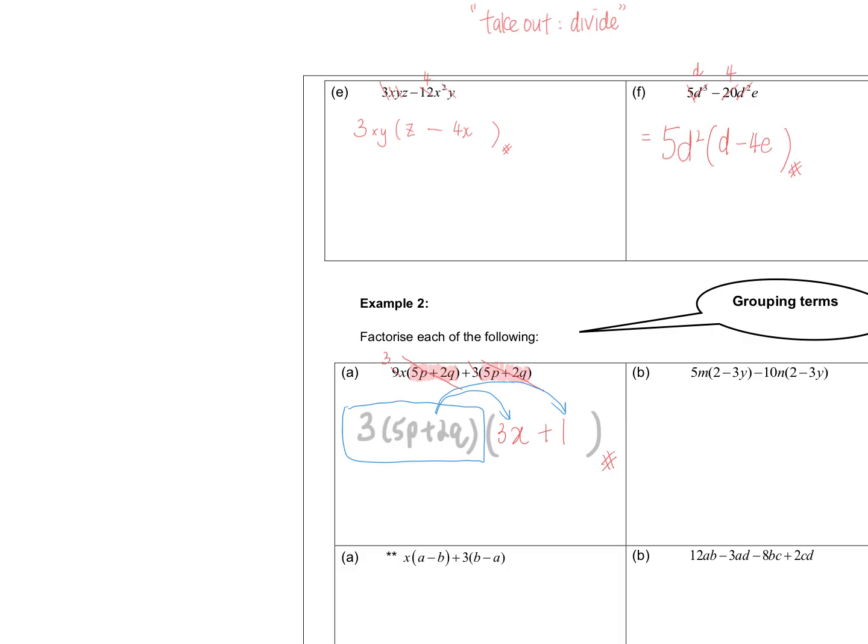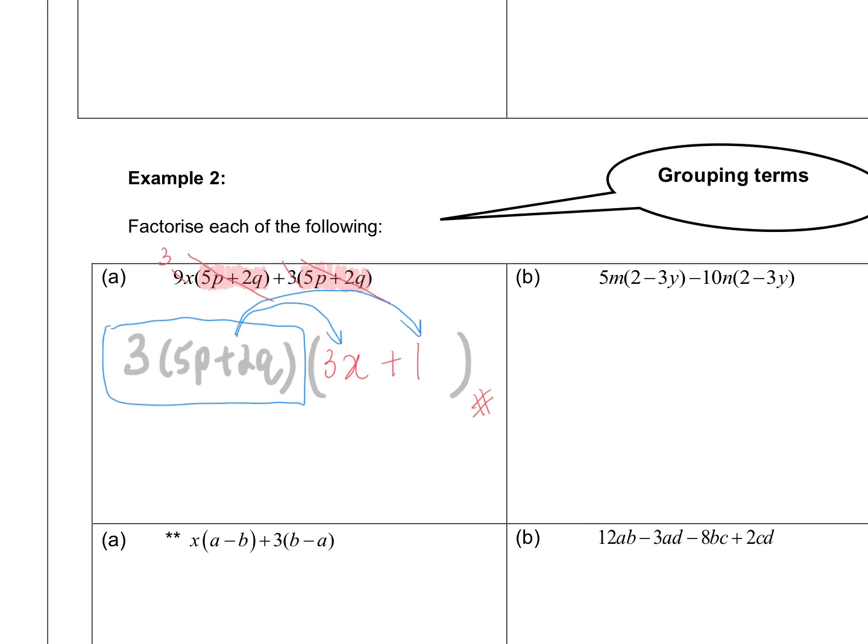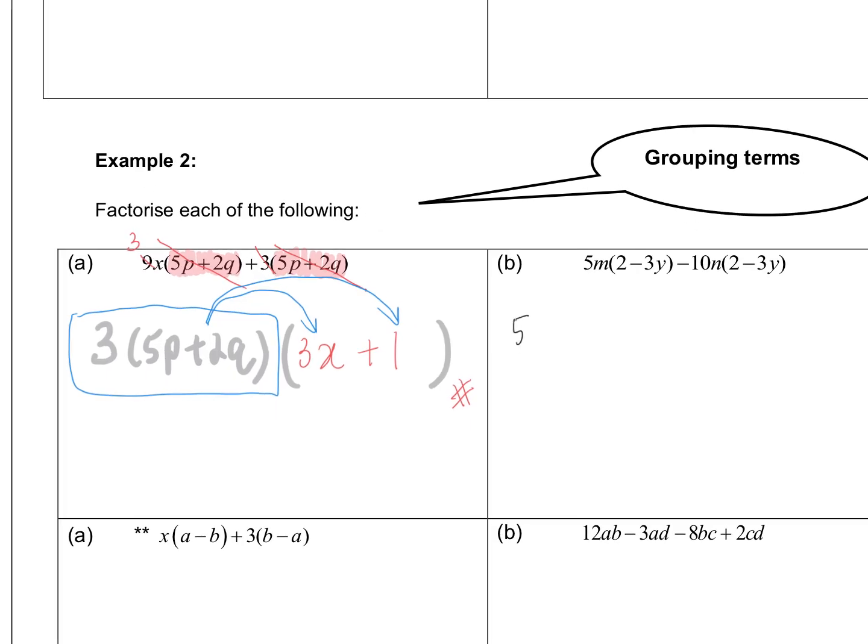Okay, one more. This one. What do they share in common? 5. Anything else? 2? No. The whole bracket, right? Okay, so I take out the 5. I take out this bracket.